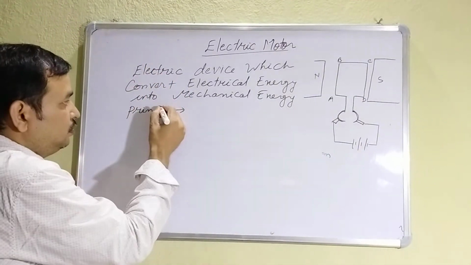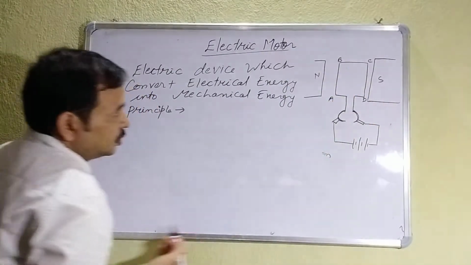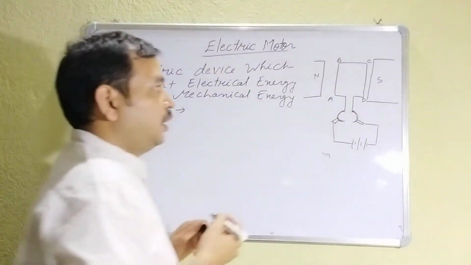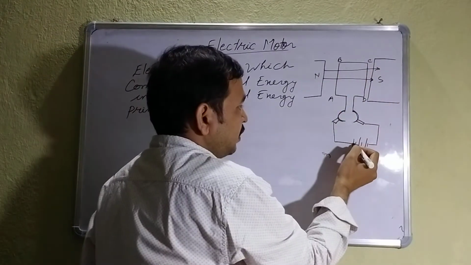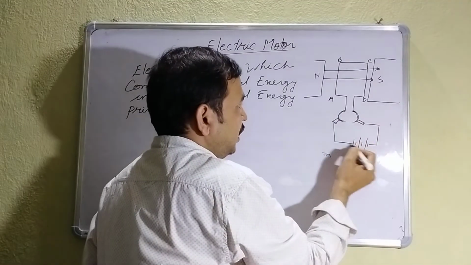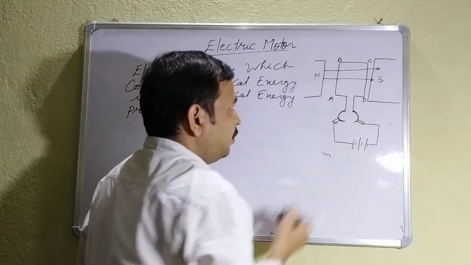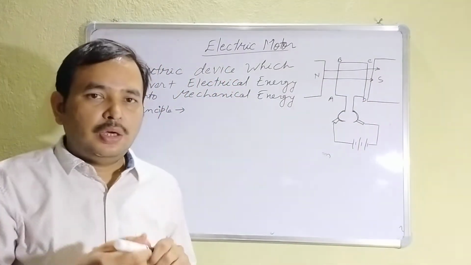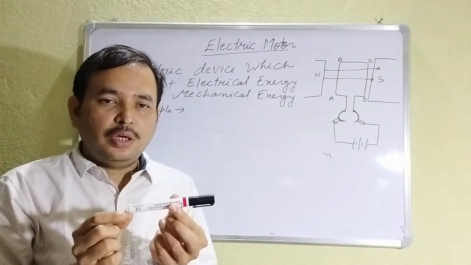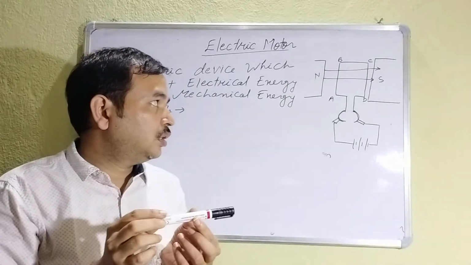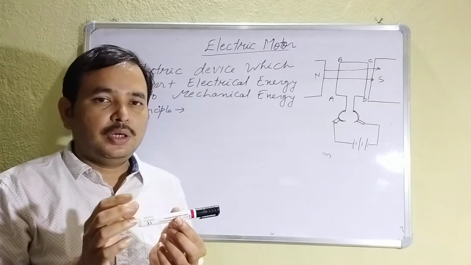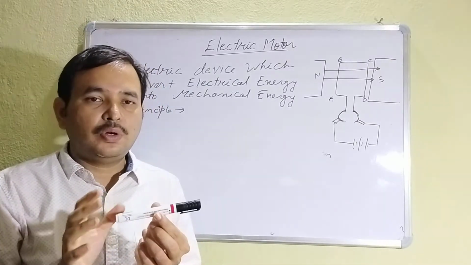So the principle is: when you put this coil between two strong magnets, with the magnetic field from north to south, and supply current from a battery, what will happen? It will experience a torque. That word is not used in class 10 because you are not familiar with torque.